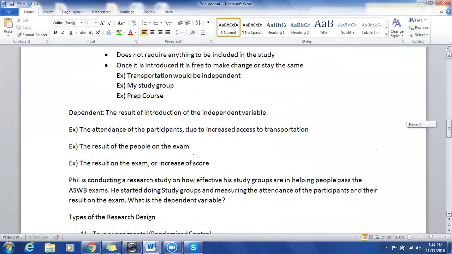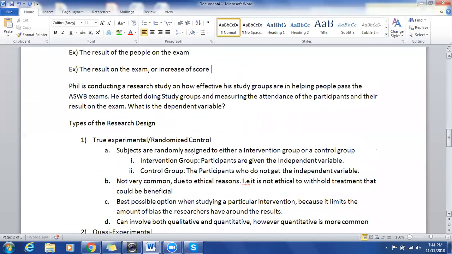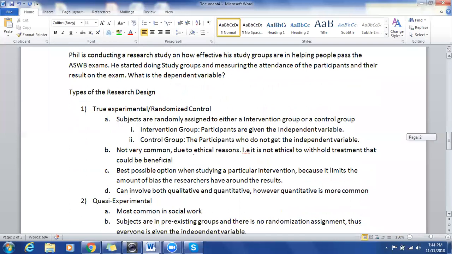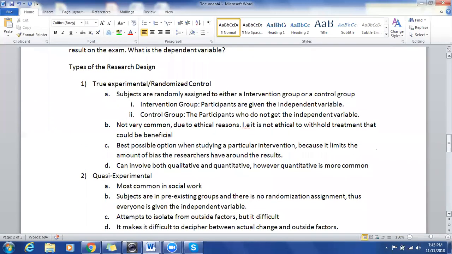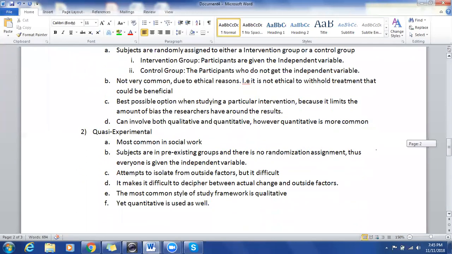So once we go through that, we have the types of research design, the true experimental and randomized, and that is where people are selected into different groups. Some people get the study prep course, other people do not. And then I try to compare, did people that didn't take my prep course, compared to who did, do better or worse? And then quasi-experimental would be where everyone gets my prep course.